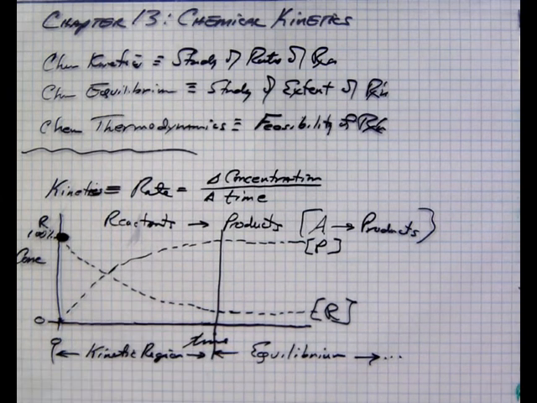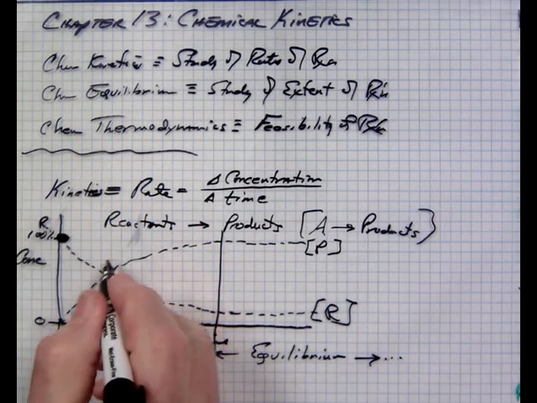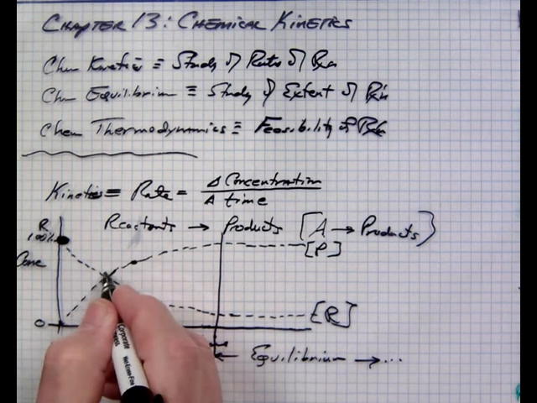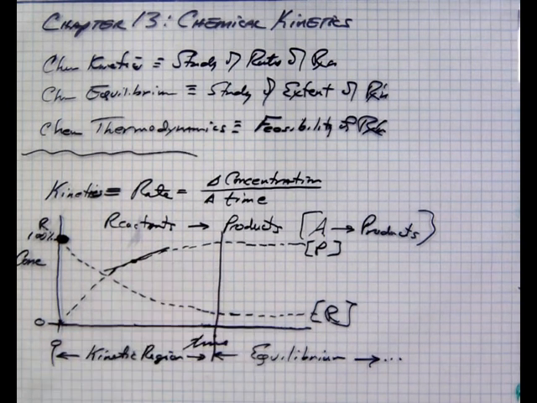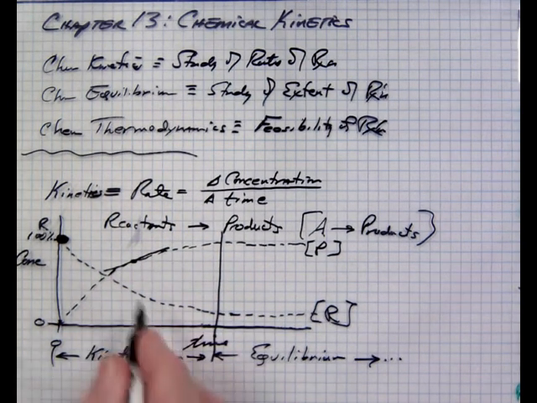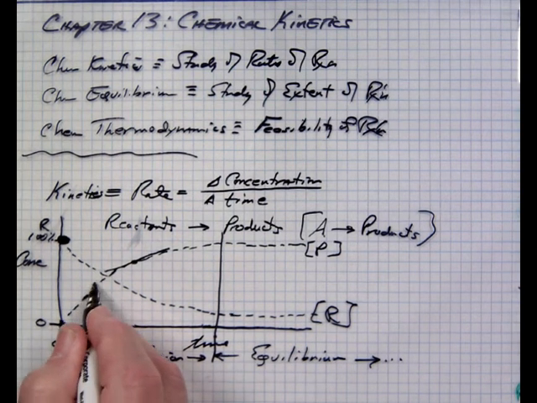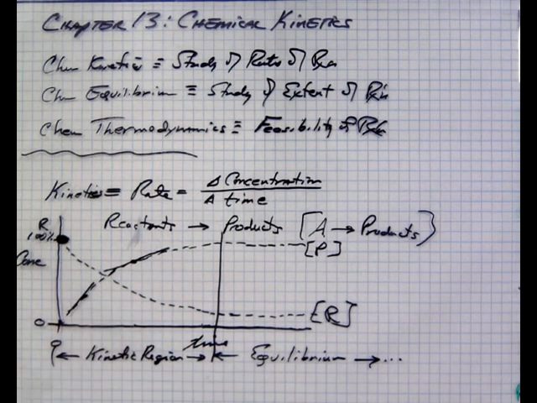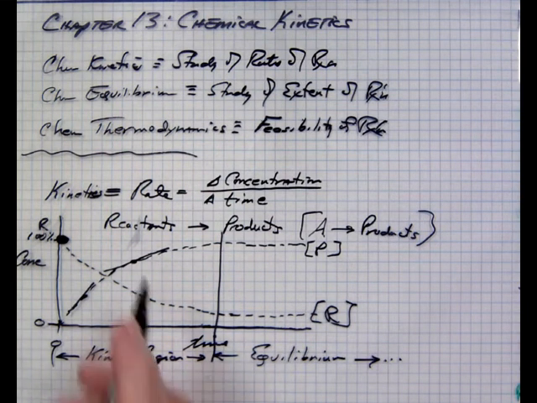And the reason it is a study of rates is that if you took any one point in here and drew a tangent line, every point you go to would be a different slope. And if you recall, slope is change, or rate of reaction.